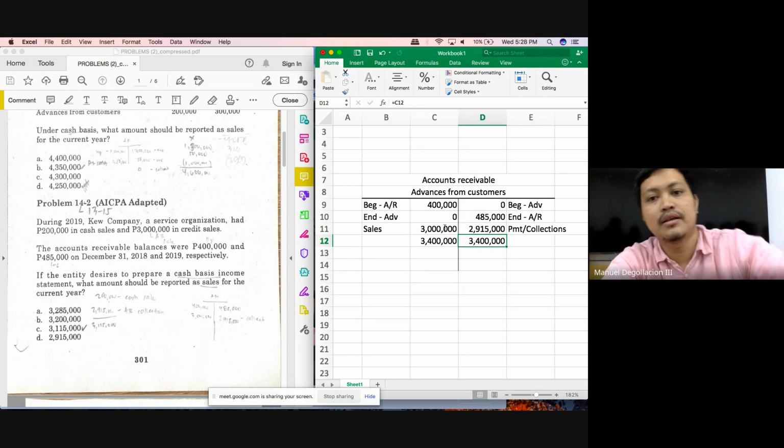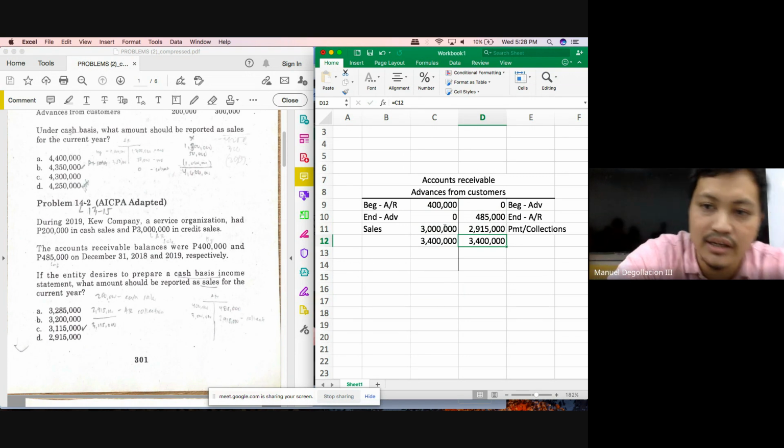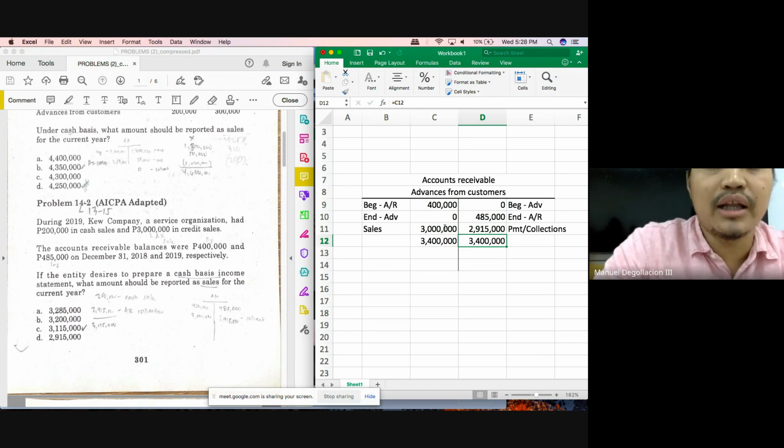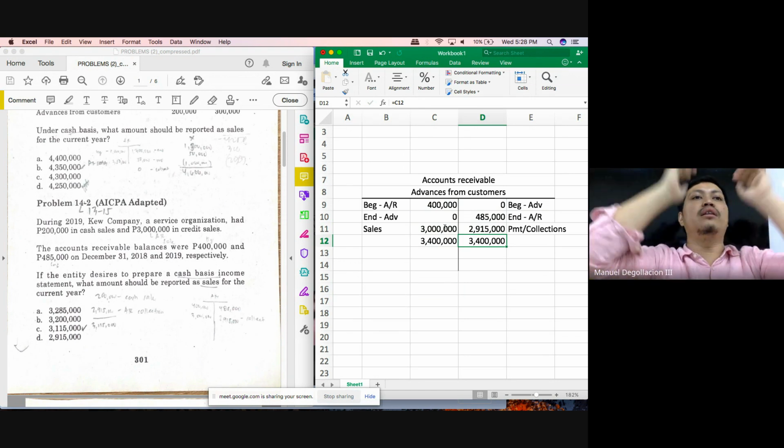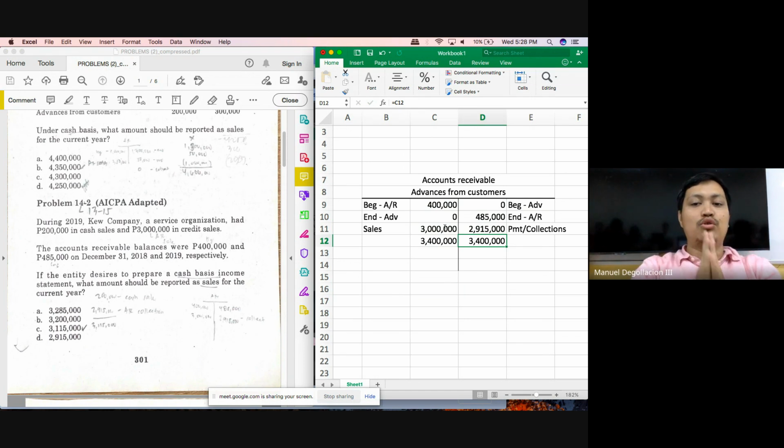So that means beginning AR is 400, sales on account is 3 million. That means the total debit side would be 3,400,000. Okay. If the total debits is 3,400,000, that means total credits must be 3,400,000 also. And since you already know that the 3,400,000 would be composed of your ending AR and your collections, and knowing that ending AR is 485, that means collections on your sales on account amounted to how much?